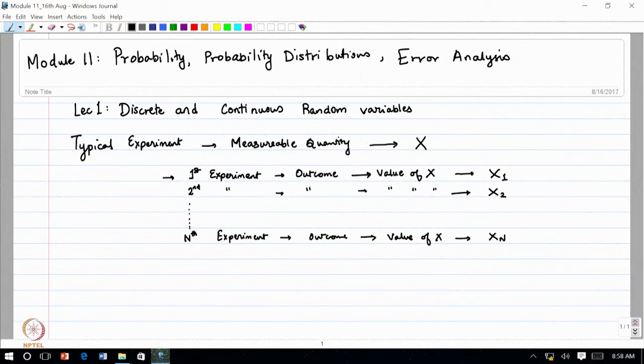This is a very typical situation in a laboratory, and then you will say that the average value of x equals x1 plus x2 up to xn, divided by n.